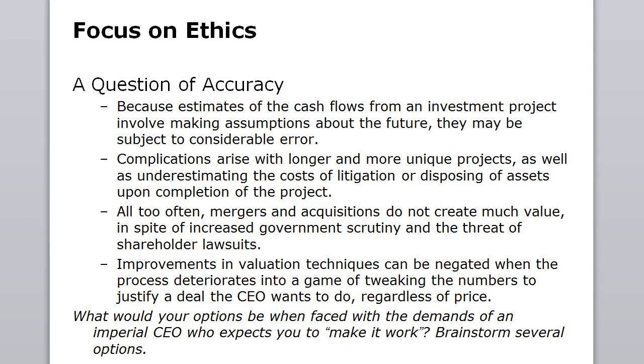That's one of the real drawbacks of capital budgeting: you have to forecast future cash flows, and that's always tricky. A lot of complications can arise based on unexpected events with the project, underestimating the costs, or underestimating the cost of disposing of waste or of the assets at the end of the project.